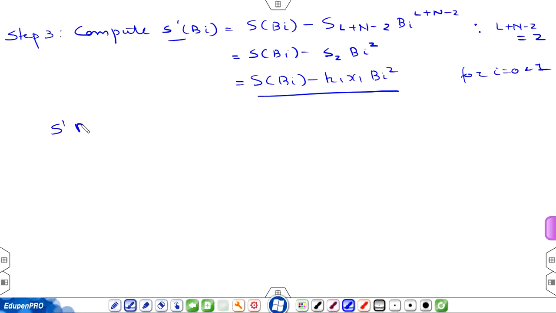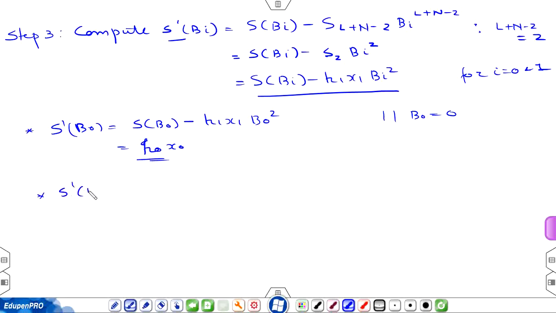So S prime beta 0 is S of beta 0 minus h1 x1 beta 0 square. So beta 0 is 0, so this is equal to S of beta 0, that is h0 x0, and S prime beta 1 is equal to S of beta 1 minus h1 x1 beta 1 square.